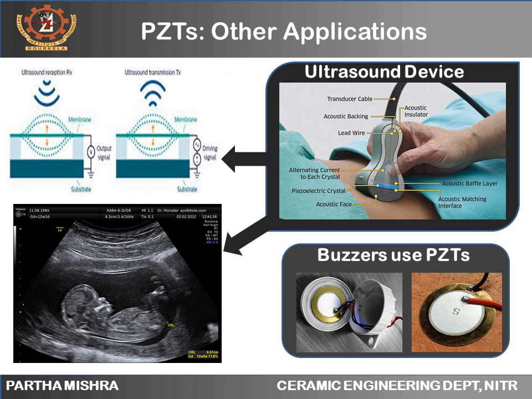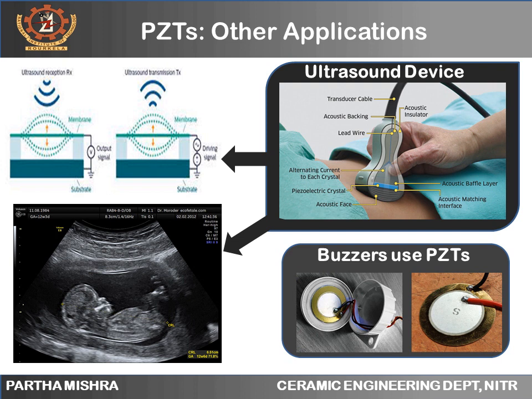PZTs in ultrasonic transducers. On applying an oscillating voltage to these piezoelectric materials, they can be made to squeeze at a certain frequency and oscillate. And this is how ultrasound functions. So as the piezoelectric material vibrates at a certain frequency, it produces a sound wave.